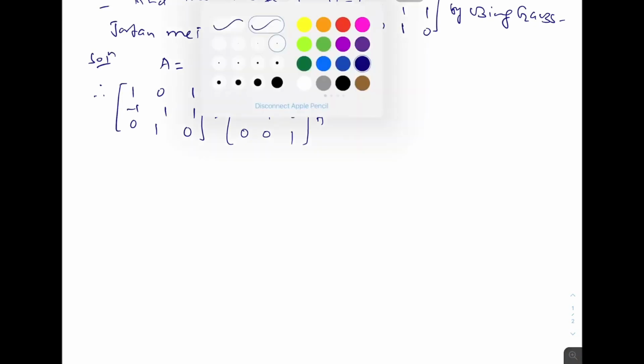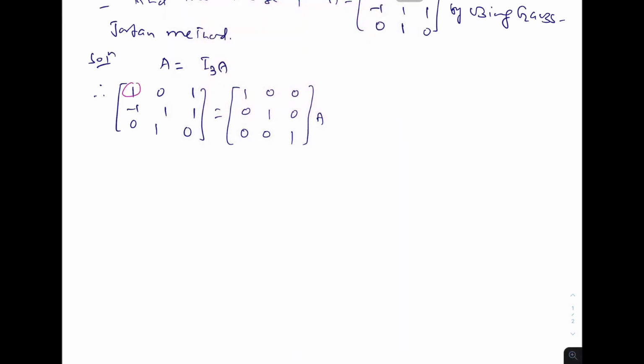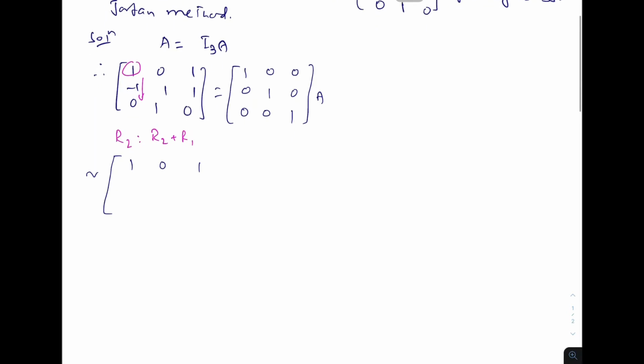Now here we have already 1, so we make the entry below it to be 0. So we take R2 as R2 plus R1, and then so we have 1 0 1.